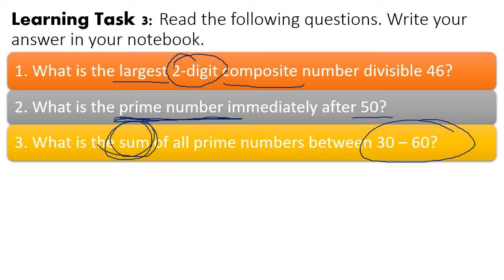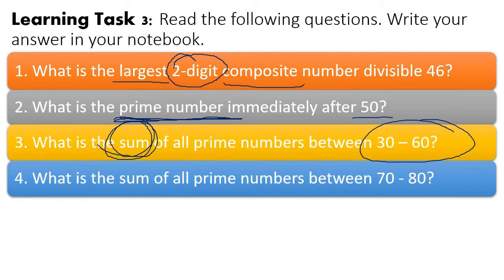Meaning, you have to add those numbers to get the sum. Kukunin mo yung sum. Number 4. What is the sum of all prime numbers between 70 to 80? This time, parang same lang dun sa number 3, kaya lang dito, 70 to 80. Yun naman yung kukunin mo ng prime numbers at pagsasama-samahin.